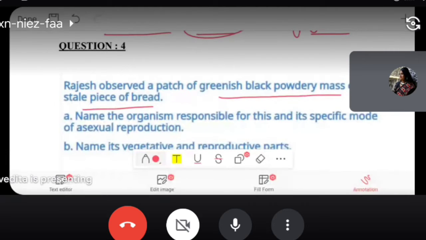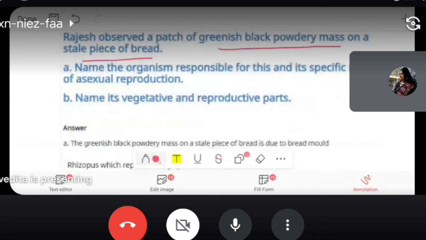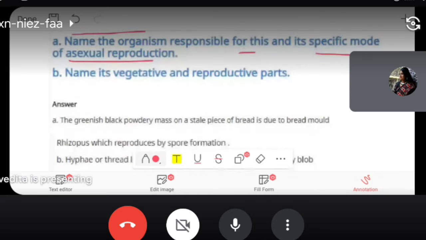The first question is: name the organism responsible for this and its specific mode of asexual reproduction. At first we have to identify the organism. The greenish black powdery mass on a stale piece of bread is due to bread mold, because bread mold has grown on the bread.